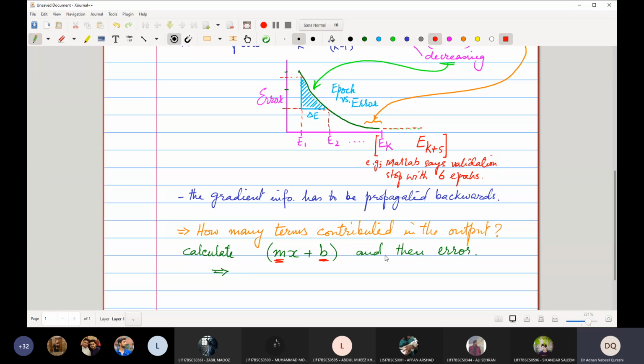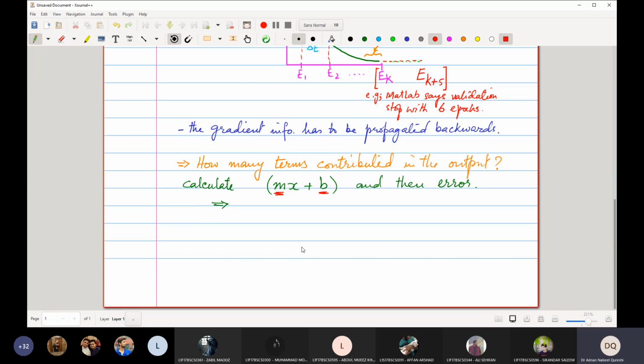That is why we have to take the partial derivative. If the error were coming from only one term, it would be a direct derivative, but if it is coming from multiple terms within the formula or equation, then you have already seen that we calculate the contribution of the term slope in the total error. Contribution is the partial derivative, and we see how much of the error is being contributed by the bias.